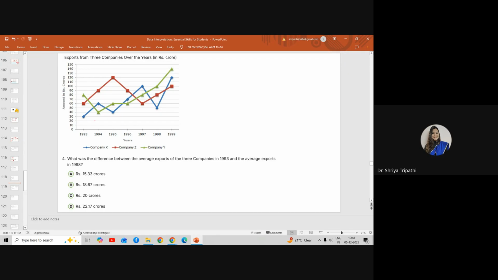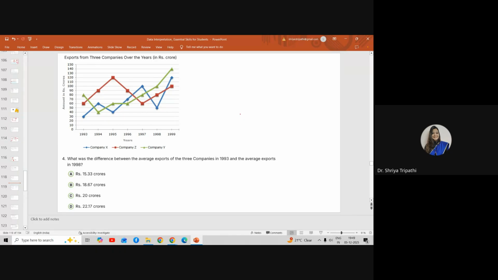Can you see this blue mark? Yes, 30, 60, and 80. Add that: 30 plus 60 plus 80. And it is saying average, so we will divide by 3. And similarly for 1998, we are having 50 plus 80 plus 100.